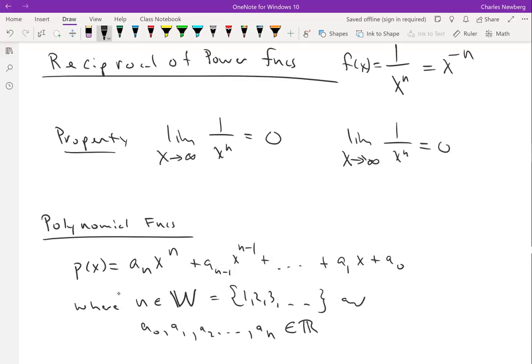W is the whole numbers. And the whole numbers are 1, 2, 3. So the numbers you first learn to count with. They're also referred to as the counting numbers. Excuse me, they're not the whole numbers. Oh my goodness. Natural numbers.